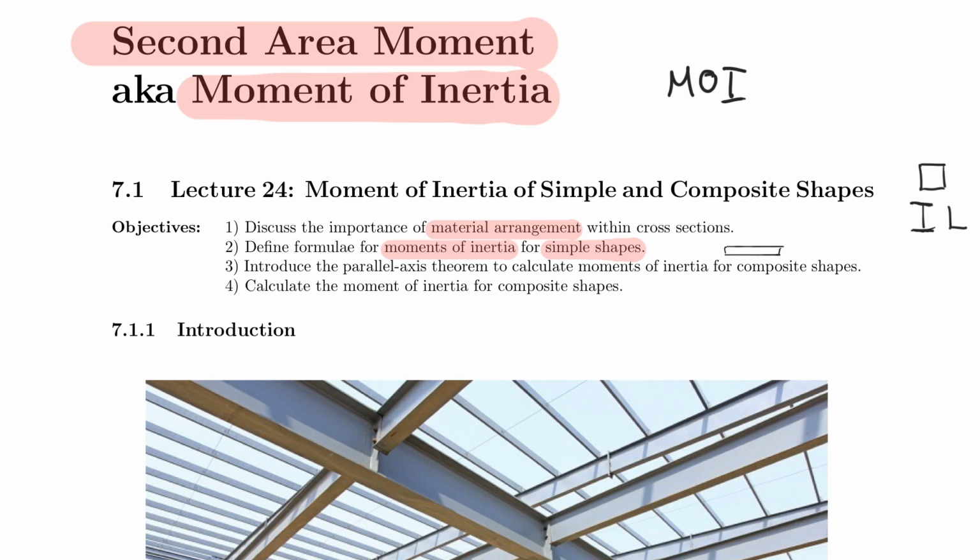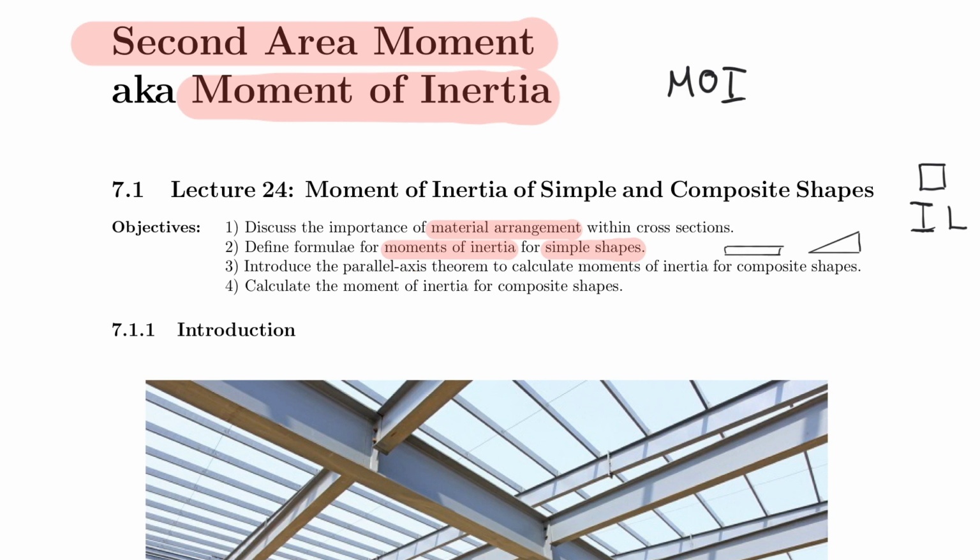So let's say a rectangle or a triangle, for example. Those shapes have very known, easy geometric properties, and so I can derive the moment of inertia for those shapes for you. Whereas for these shapes, which are actually composite shapes, so I have, for example, here a rectangle and a rectangle glued together, that is a little bit more complicated, and that requires actually the parallel axis theorem.